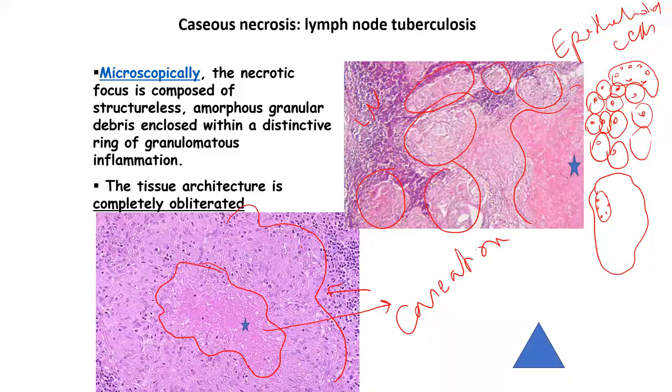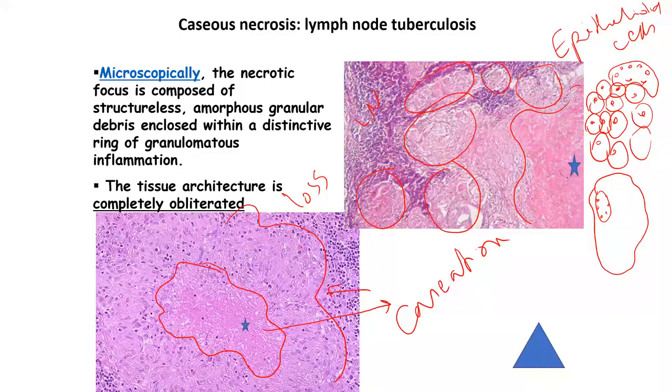So microscopically, the necrotic focus is composed of structureless amorphous granular debris enclosed within a distinctive ring of granulomatous inflammation, and the tissue architecture is completely obliterated. You have loss of the normal architecture and replacement by this granuloma and caseous necrosis that destroys the underlying tissue, and you don't find the outlines preserved as in coagulative necrosis.